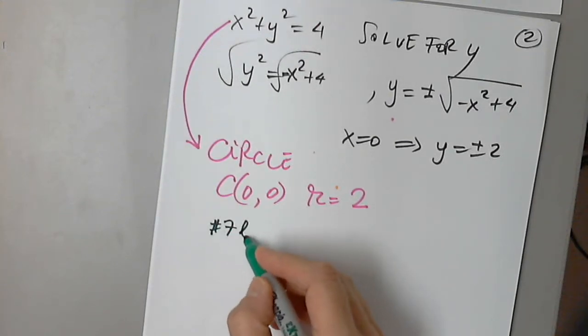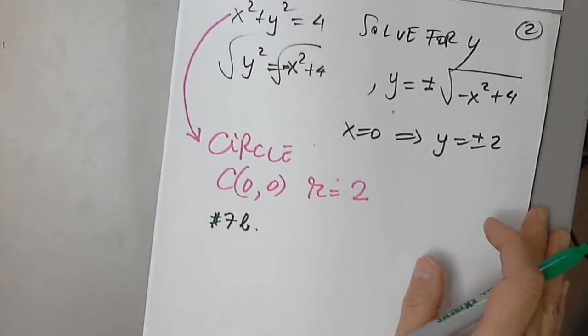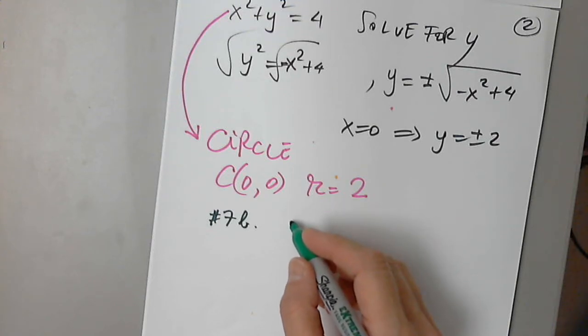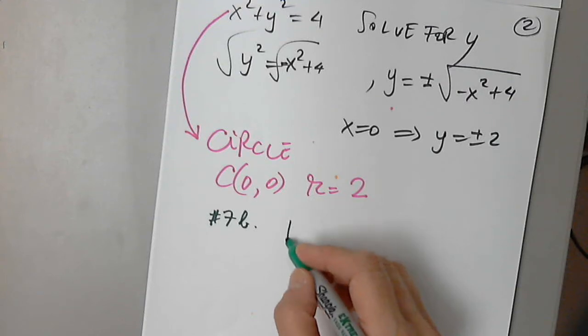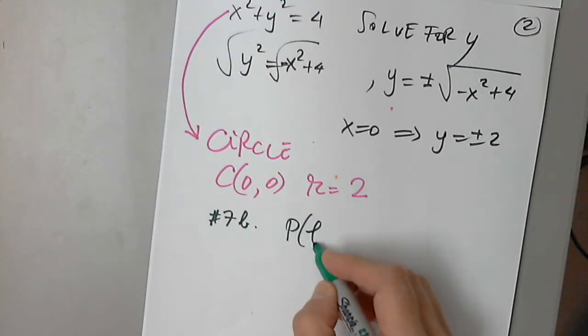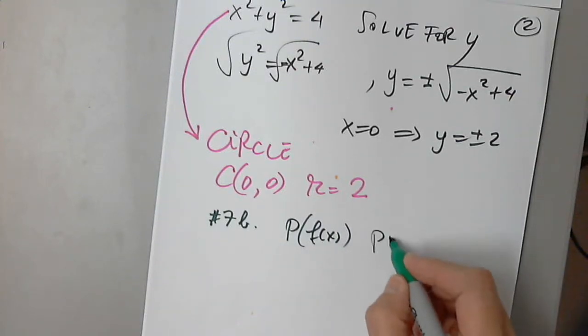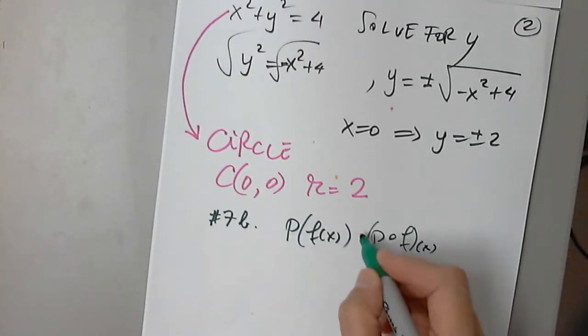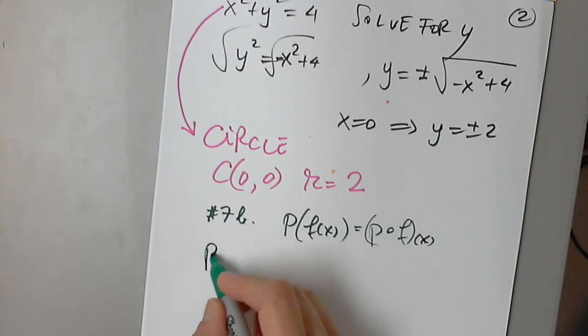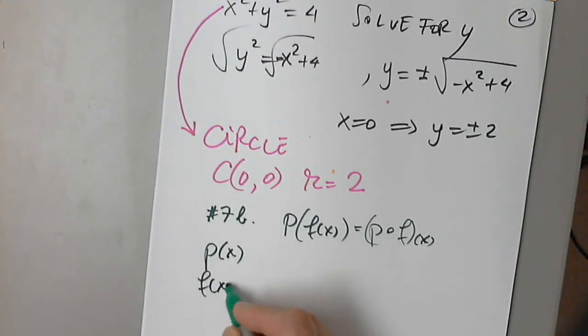Number 7b. Good. About composing functions again. Yes? And so they had, find P comp f of x. P of f of x. Yeah. Okay, or P comp f, very good. And P of x was, and f of x was.